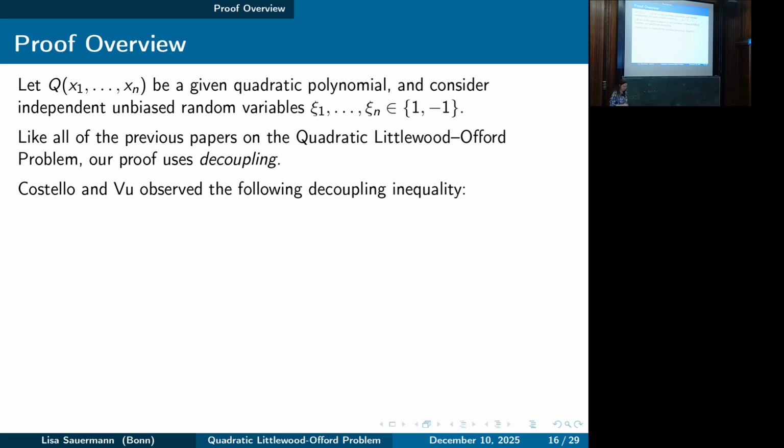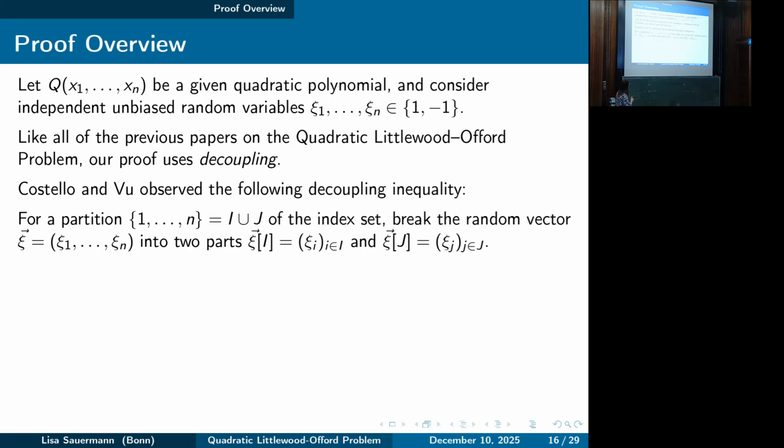Our starting point is a decoupling inequality, which was observed by Costello and Vu. The idea is the following. Let's look at the index set of these variables, and partition it into two subsets. The indices 1 to n, so the n variables, will be partitioned into two sets, I and J, the index sets of this partition.